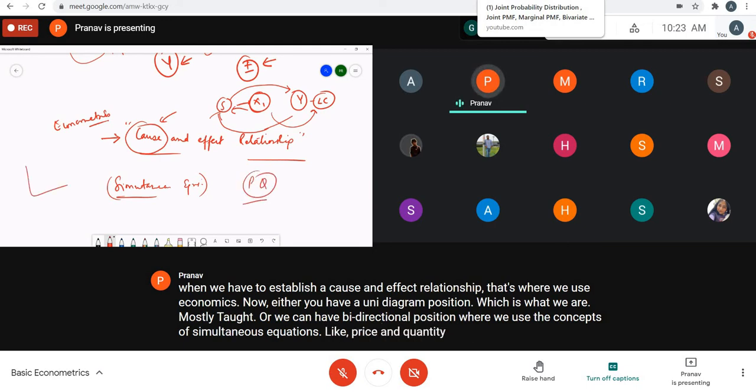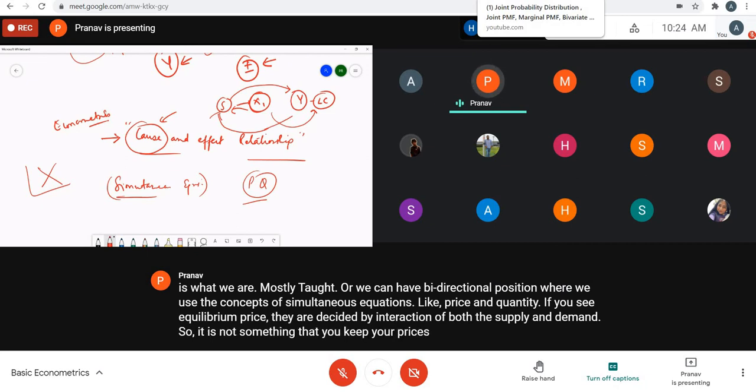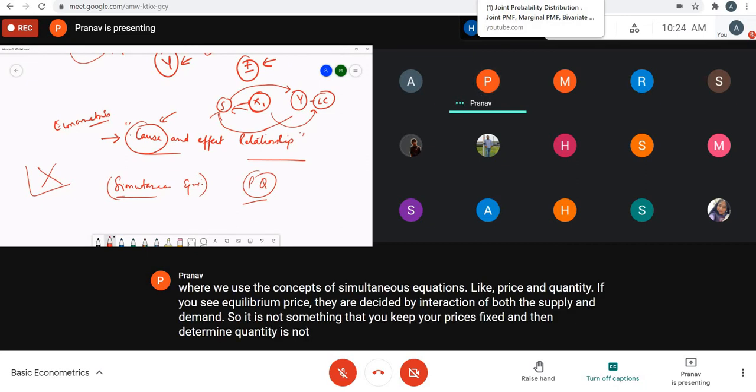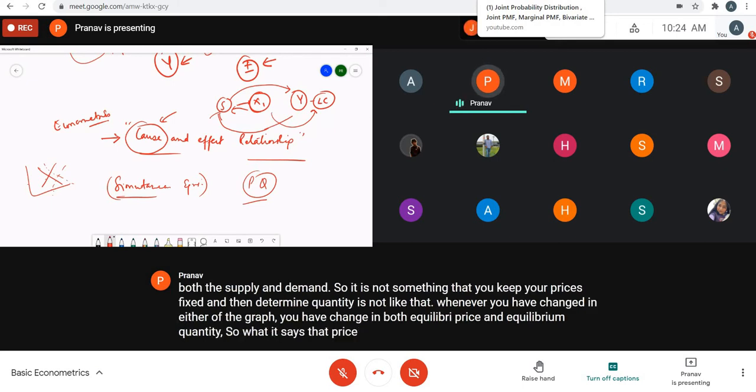Equilibrium price and quantity are decided by the interaction of both supply and demand. So it is not that you keep your prices fixed and then determine quantity. Whenever you have a change in either curve, you have a change in both equilibrium price and equilibrium quantity. So price and quantity are simultaneously determined.